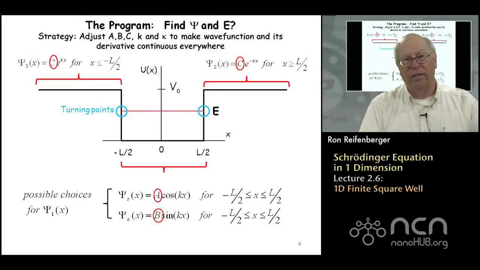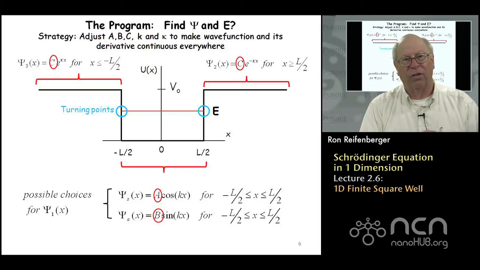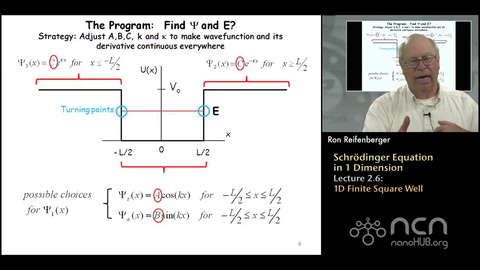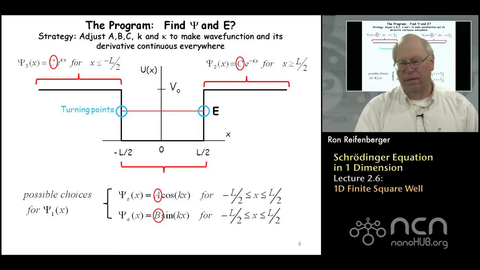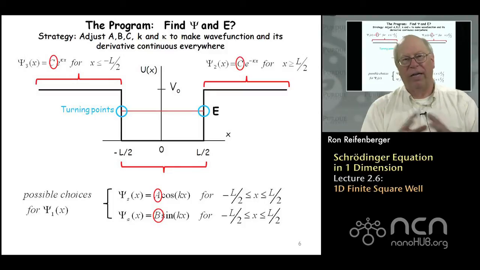The way that normally these differential equations are solved is you make an intelligent guess for the wave function, and then you use that intelligent guess and see what the consequences of it are when that solution is plugged back into the differential equation. And so we're going to follow that same approach here.